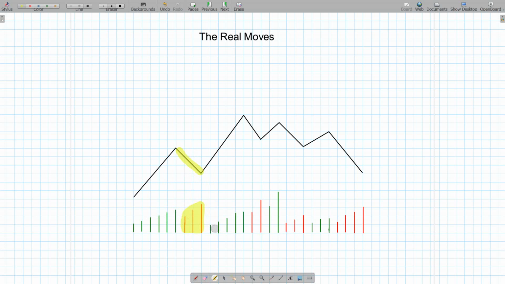Another example is here, where this volume, okay, it's smaller than this up volume, but the price move is bigger. And that's another case, much higher volume than the previous waves, but the move is smaller.